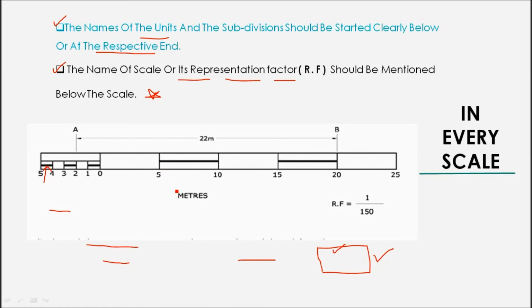In a similar fashion, we have a plane scale here represented in meters. Okay, and the RF, representation factor, below the plane scale, and subdivisions to the left, and main divisions 0 5 10 15 20 25. Okay, it's easy. These two points are very important from an exam point of view for getting good marks.